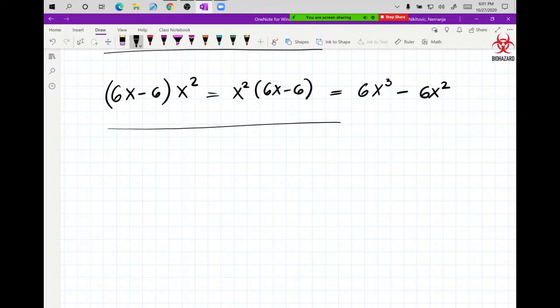Perfect. Can you break that down? I just did. Well, can you do it again, please? So we have x squared times x. 6 has nothing to multiply with, well, there's a 1 over here to multiply. So it's 6x cubed.